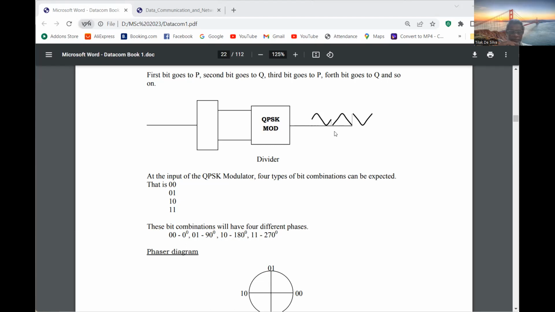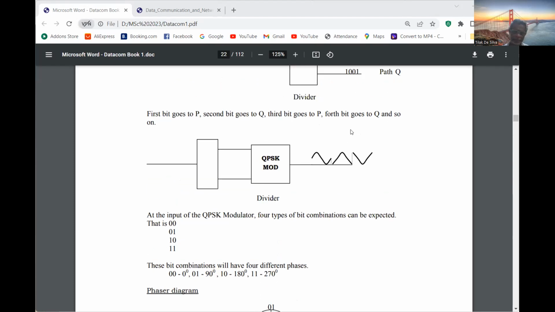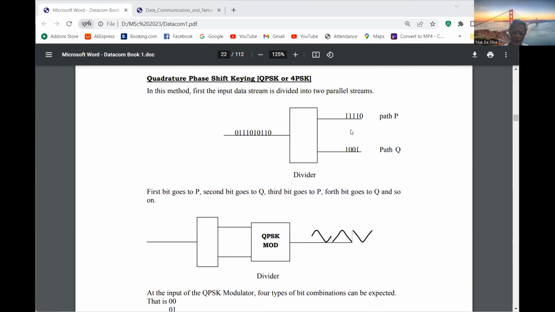Okay. So we can show mathematically that when you go into more phases, your required bandwidth will be decreased. If your bit rate is say 100 kilobit per second, if you are using BPSK, you need half of that as bandwidth, 50 kilohertz.